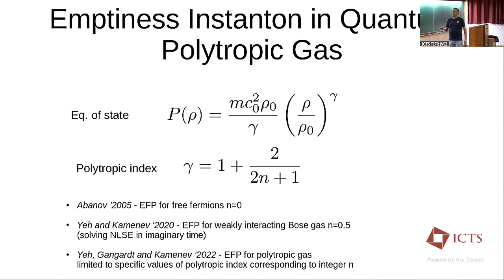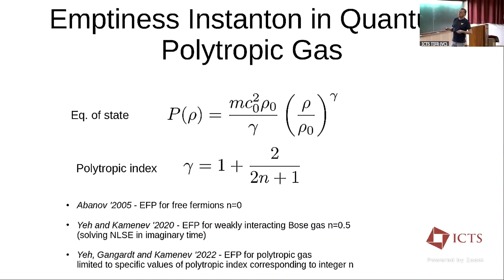For some technical reasons, it's good to parameterize gamma by a parameter n. For n equals 0, the special value gamma equals 3, one recovers free fermions. For integer values of n, the solution is not trivial, but can be found explicitly.